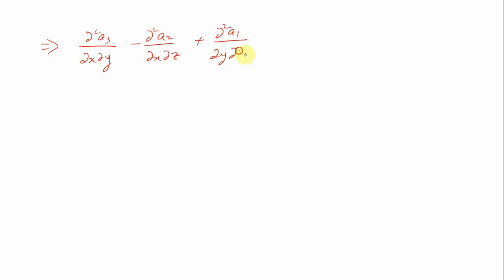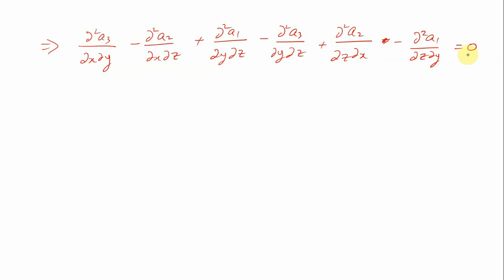Expanding this, students, that implies ∂²A3/∂x∂y minus ∂²A2/∂x∂z plus ∂²A1/∂y∂z minus ∂²A3/∂y∂x plus ∂²A2/∂z∂x minus ∂²A1/∂z∂y is equal to 0.